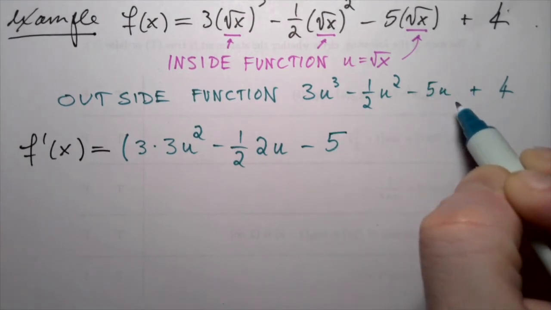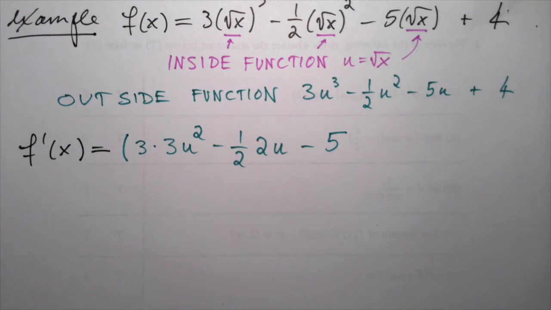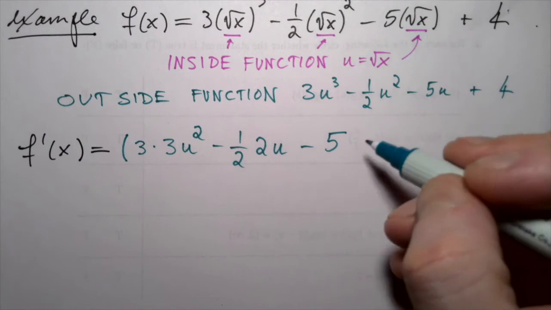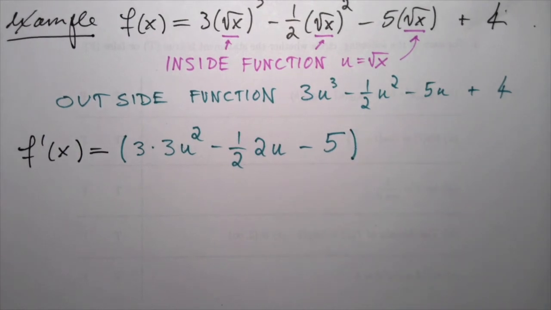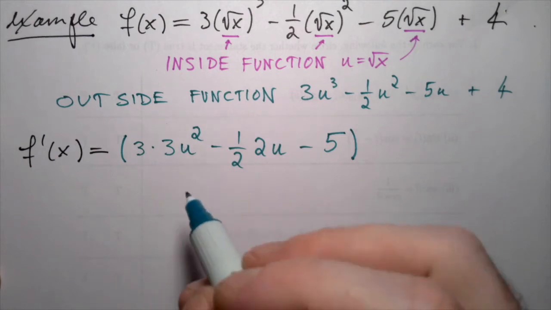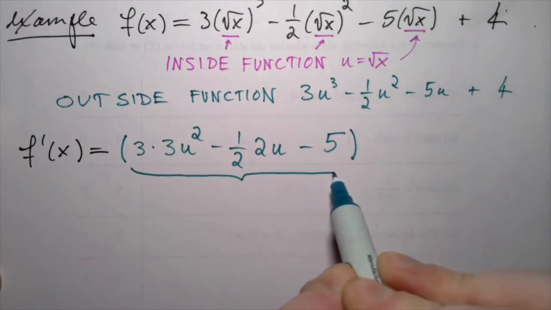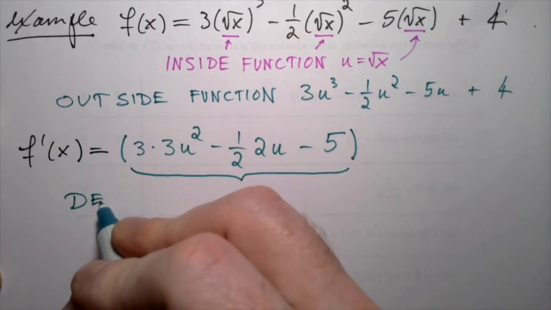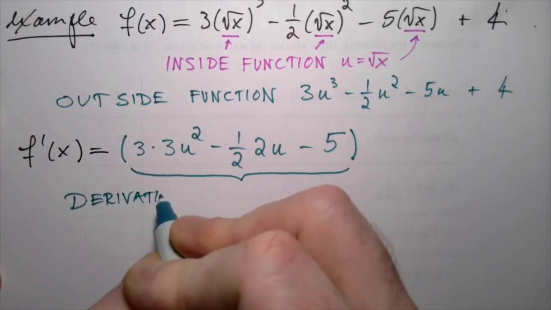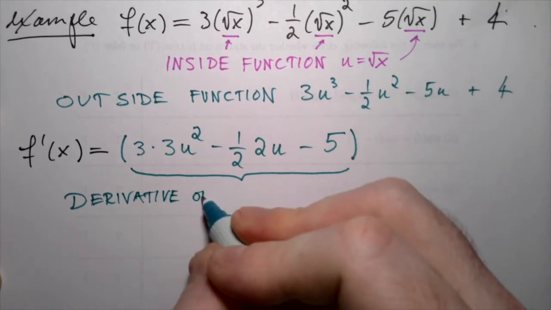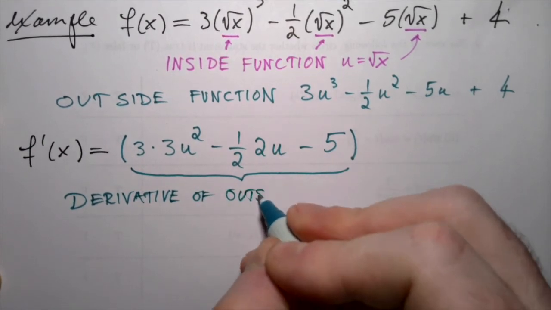So in other words, the derivative of minus 5u is just minus 5. And 4 is constant. Its derivative is 0. So that right there, that is the derivative of the outside function. Let me notate that. It's the derivative of the outside function.